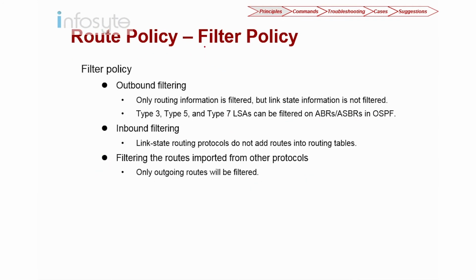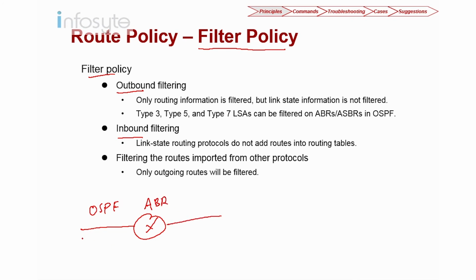So let's look into filter policy. This slide explains that we can use filter policy for outbound filtering and inbound filtering. Assuming that now we are running OSPF, and in this OSPF we have an ABR. The main function of the ABR here is to translate the type 1 and type 2 to a type 3 LSA from one area to another area.